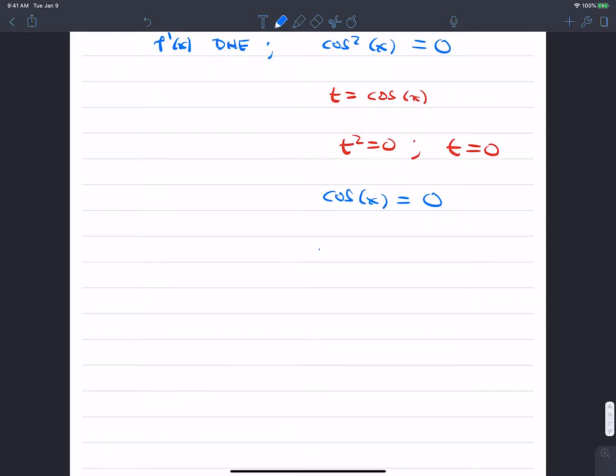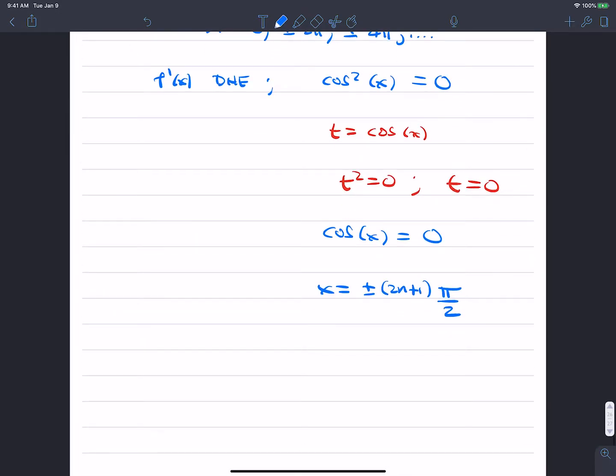Now, where is cosine 0 going to be? Cosine 0 is where x is plus or minus (2n plus 1) pi over 2. Is that true? Is it the odd multiples of pi over 2, I believe? Plus or minus? So in this case, again, we can look at some of those values. Again, these are critical values. Are they?